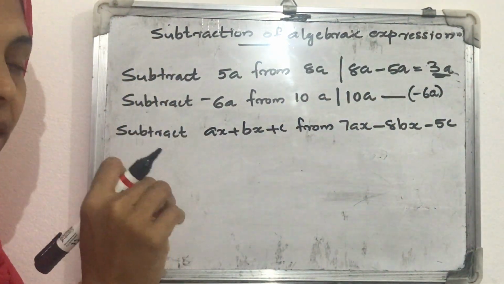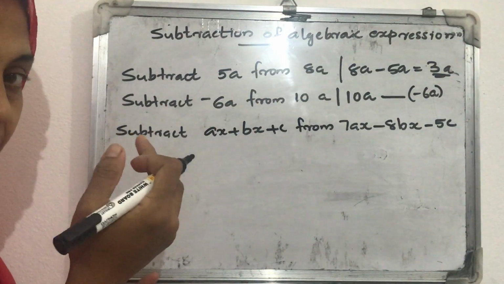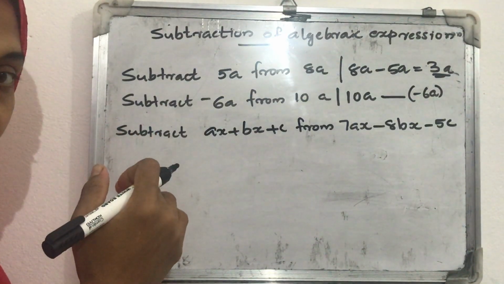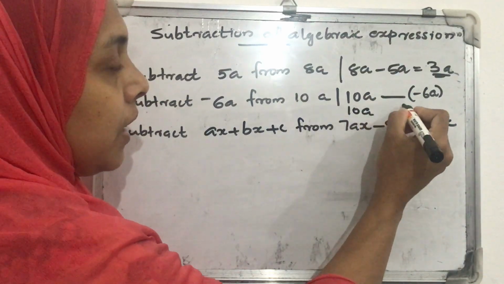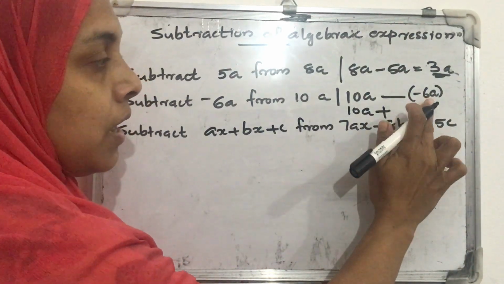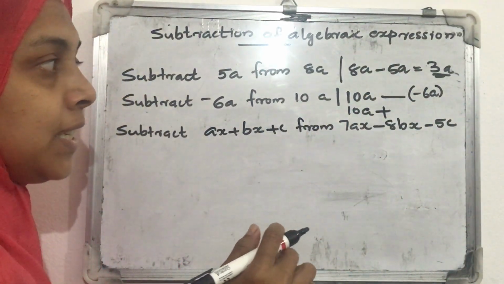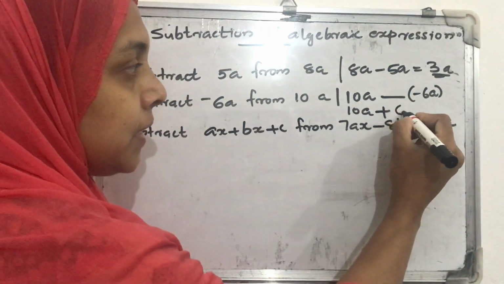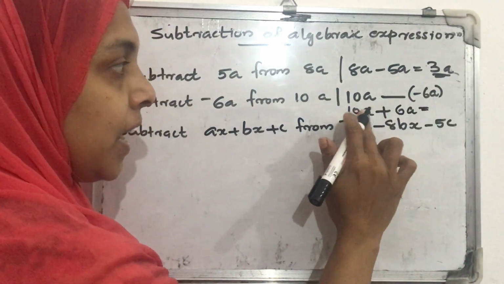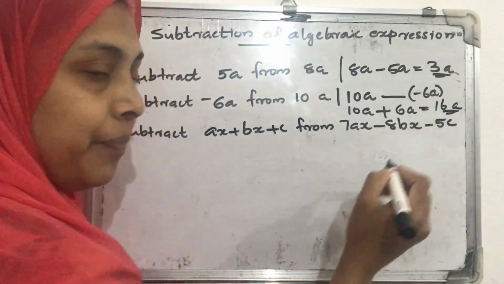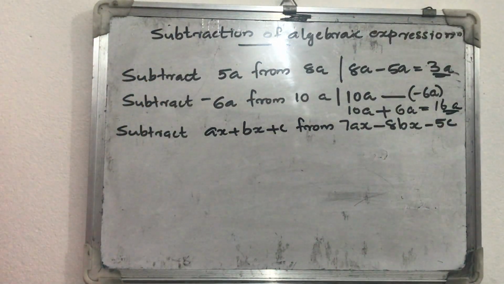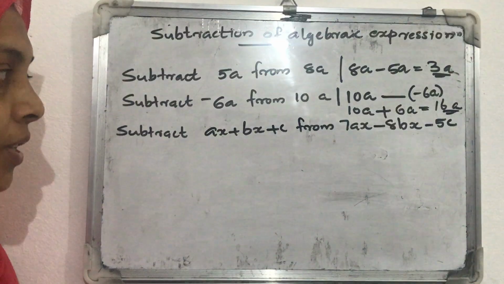Just like for integers, for subtracting one integer from another, we add the additive inverse. Here also, instead of subtracting, we are adding. What is the additive inverse of minus 6a? It will be plus 6a. So 10a plus 6a, we will get 16a. The rule is the same for integers and also for algebraic expressions.